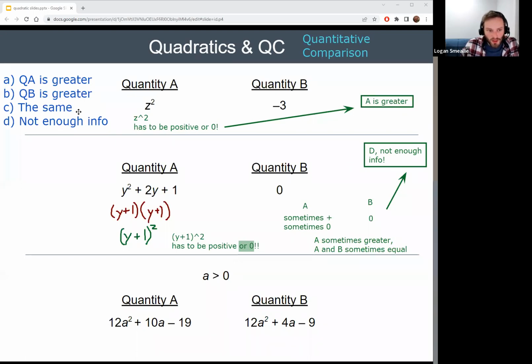If they were equal, that would be answer choice C. If A was greater, that would be answer choice A. And if you get any flip-flop like that, oh, depending on the circumstance, we might get this answer or that, it's a good fuel into answer choice D. Not enough info. In fact, we often say D doesn't really mean not enough information. It means you have enough information to prove that it is sometimes one way, sometimes the other way. And that's why you pick D.